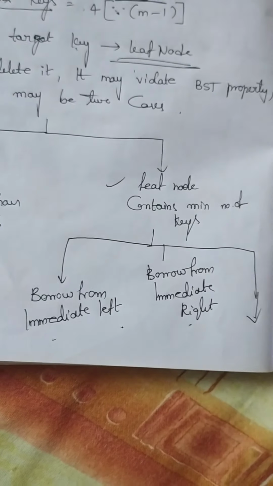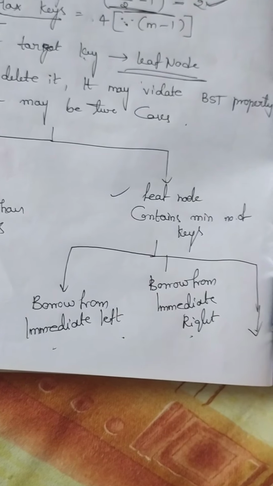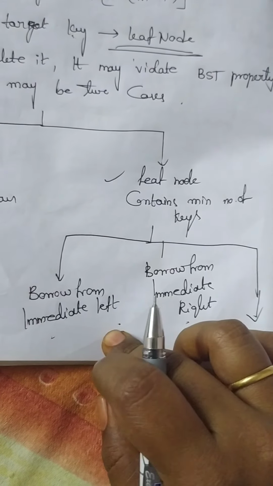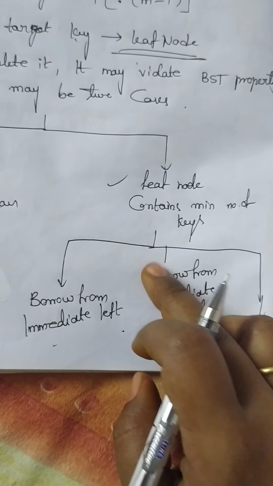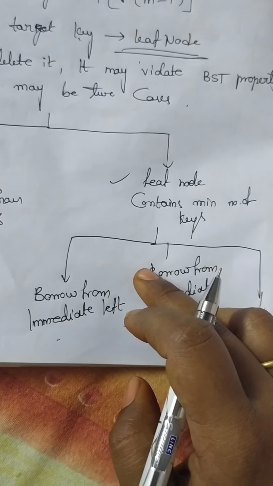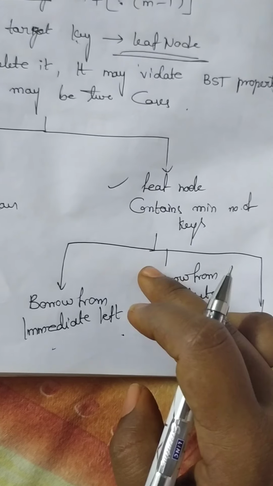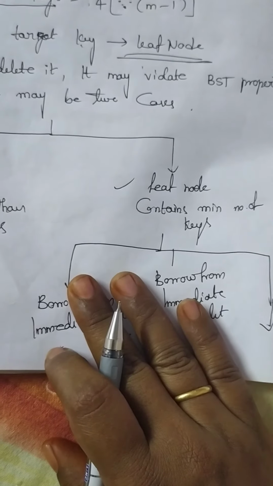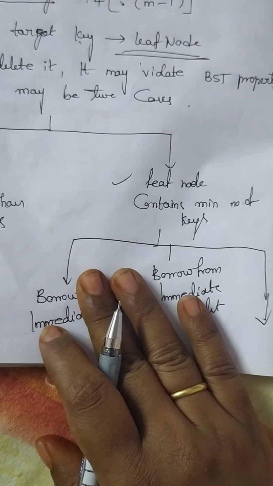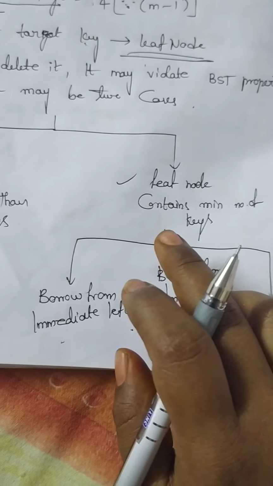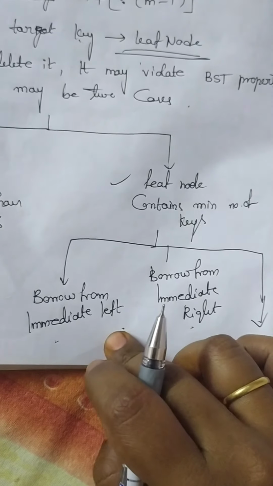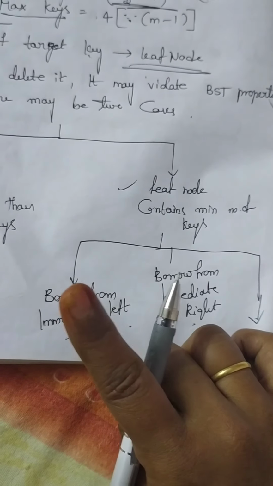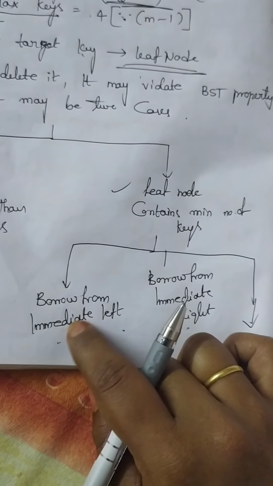Why is there a condition on the sibling? Because only if it has more than the minimum number of keys should it give. Or else, if it has only the minimum number of keys, it will not be allowed to give. Why? Because if it gives one, it remains with only one element. Then there is a problem.